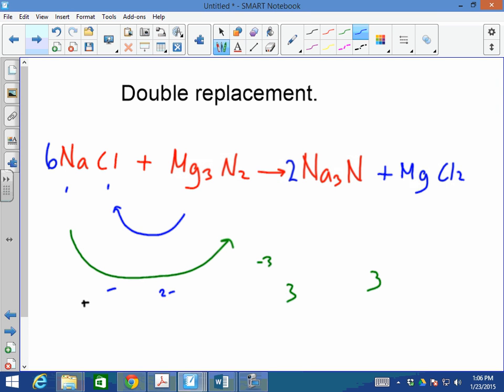If I try a 3 over here, sodiums 6 on my left, sodiums 6 on my right, chlorine 6 on my left, chlorines 6 on my right, because I have 3 times 2, 6 chlorines. Okay, I have magnesiums 3 on my left, 3 on my right, nitrogens 2 left, 2 on the right. We are good. This is a balanced equation.